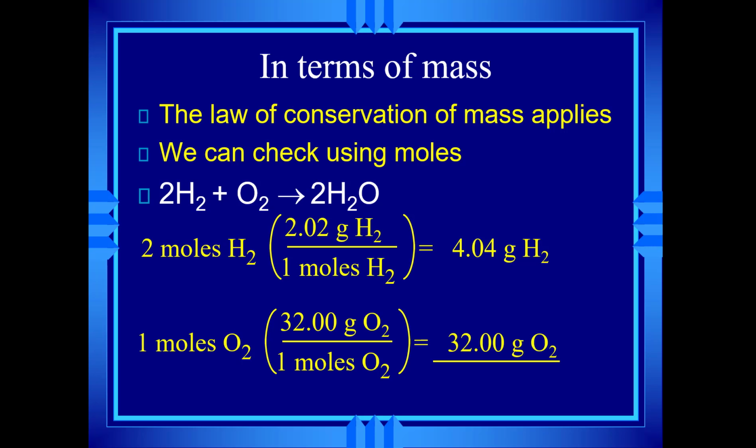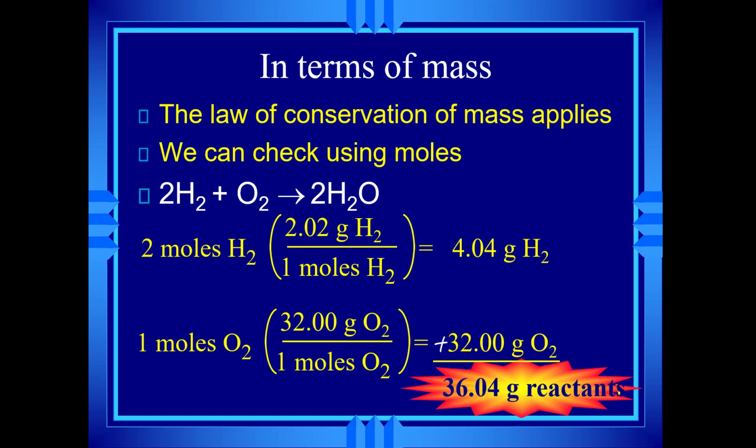Now, if I add those 2 numbers together, that tells me that my reactants weigh 36.04 grams, because 4.04 plus 32 equals 36.04 grams. Okay, remember that number, we'll need it again in a second. That's how heavy my reactants are.